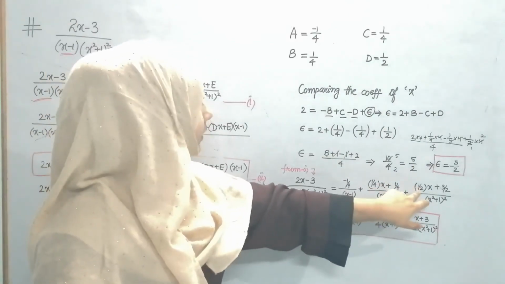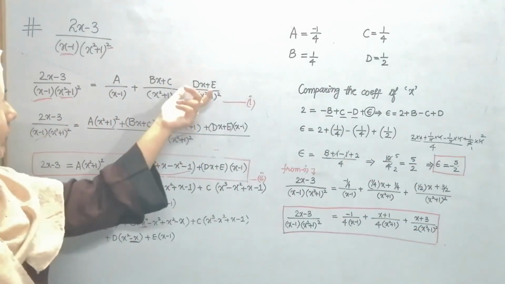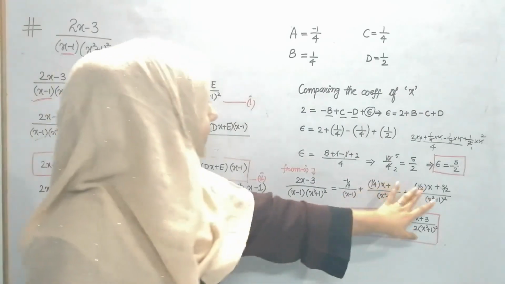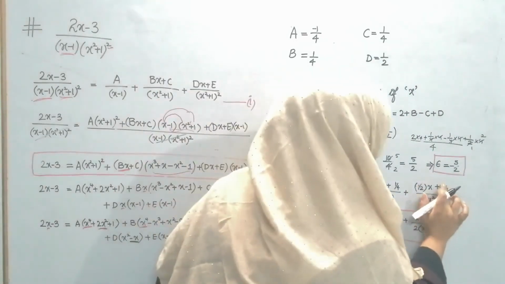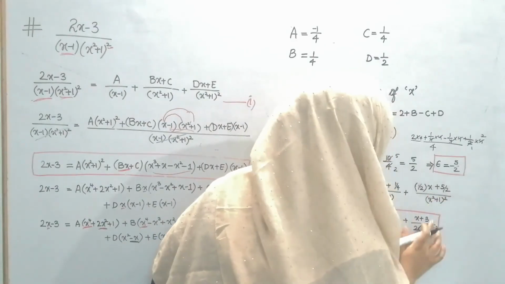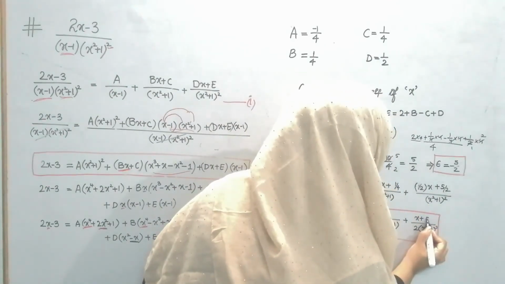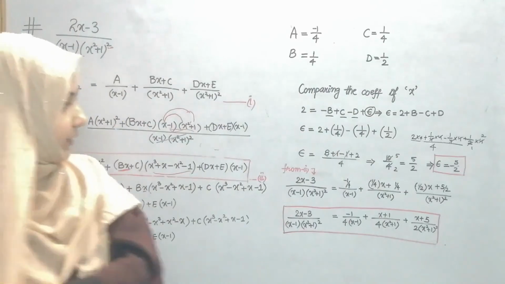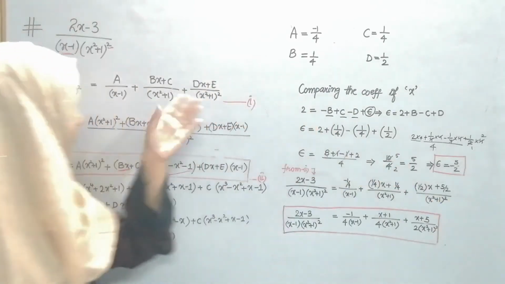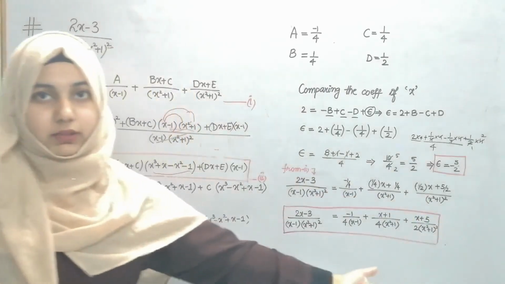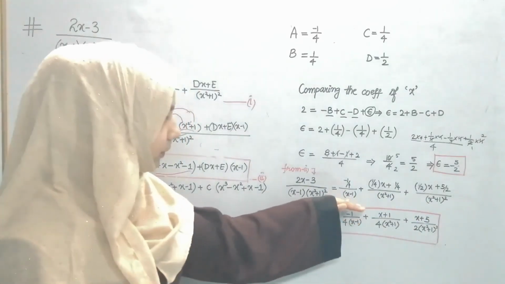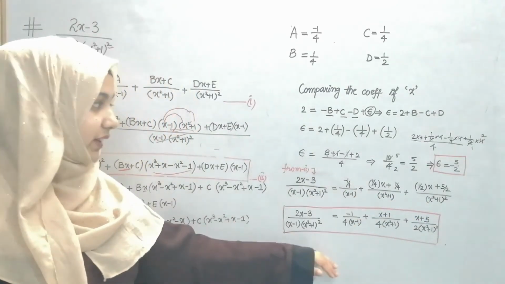Plus the next term, Dx plus e. D is 1 by 2 and E is 5 by 2. By the denominators x minus 1, x square plus 1, x square plus 1 whole square. Done. I can stop here or I can further expand this.